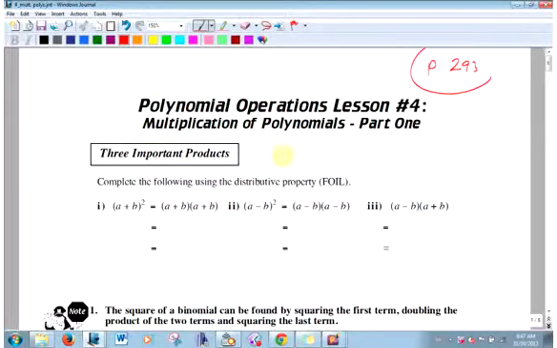Okay? So, first day, we did a monomial times a binomial. How many terms am I going to get when I multiply this? 1, 2. Okay? Yesterday we did a binomial times a binomial.